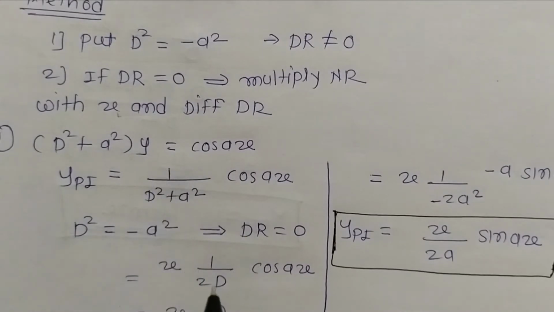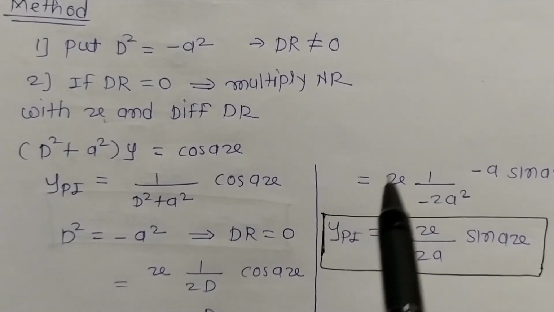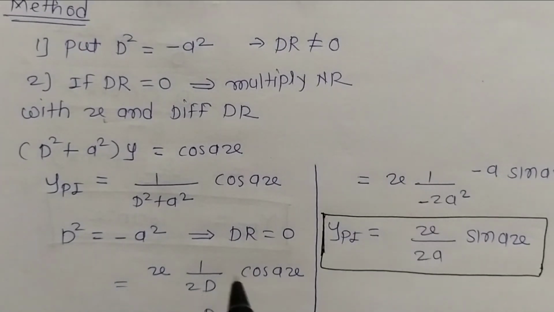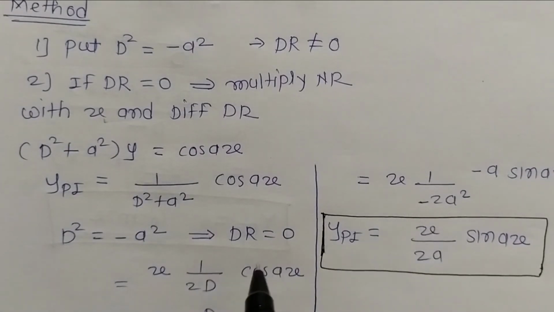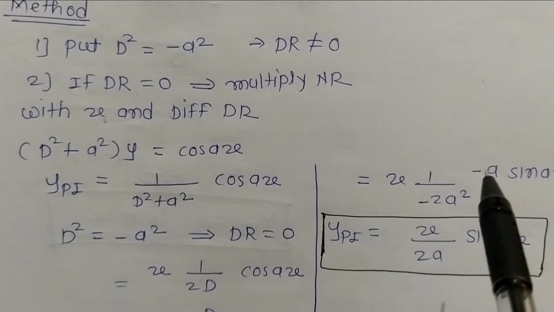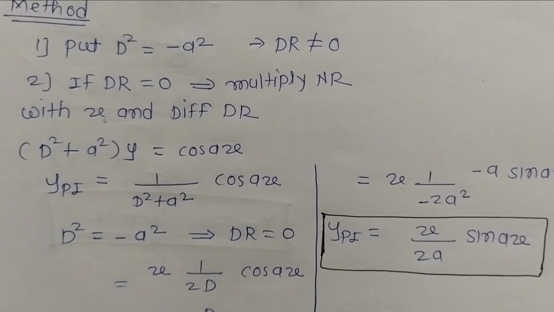That is 1 upon 2D, x into cos ax. Then we multiply the denominator and numerator by D, so it becomes D squared in the denominator and D in the numerator. We put D squared equal to minus a squared, that is minus 2a squared, and the differentiation of cos ax is minus a sin ax.